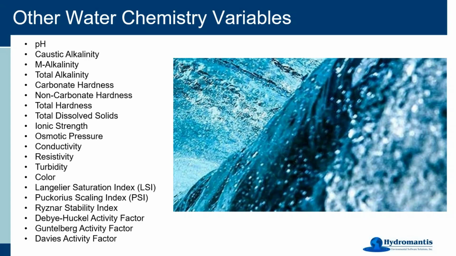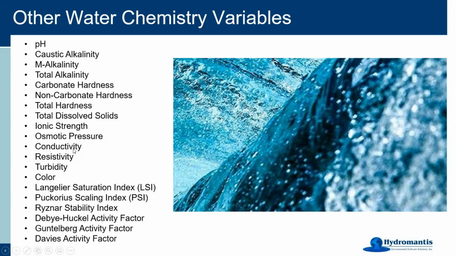As water engineers, we are more interested in some of the other things that we can actually measure in the system. So, for example, pH, different types of alkalinities, different types of hardness, and total dissolved solids. Ionic strength and osmotic pressure are really important when we are doing RO treatment. So those kinds of calculations are built in. Conductivity, resistivity, turbidity, and color.